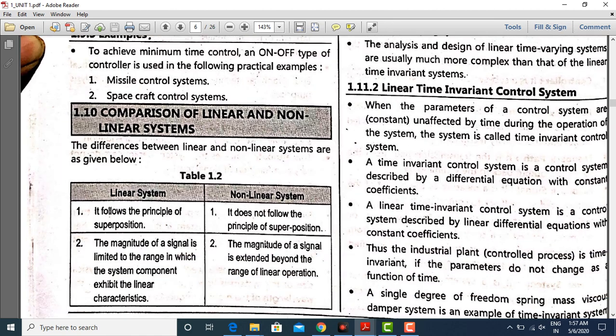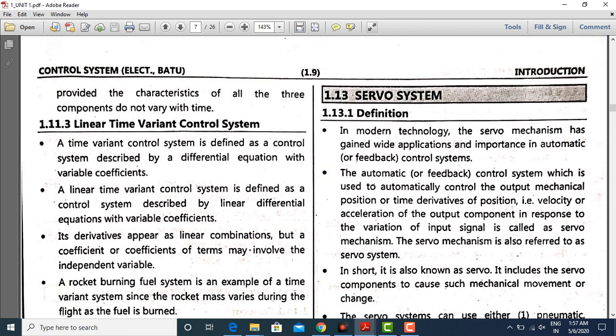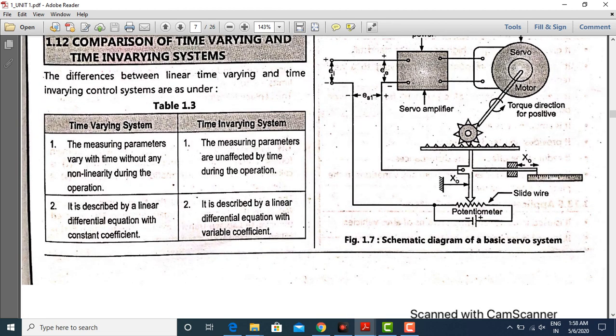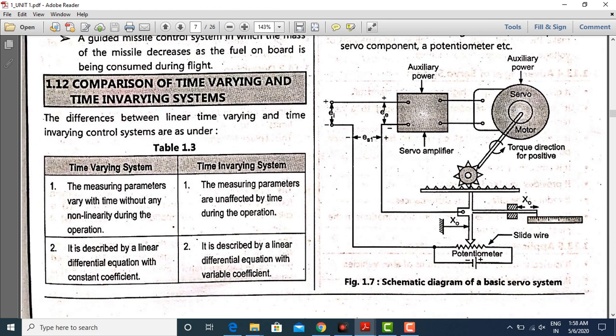Now moving towards next, we'll see the difference between time varying and time invariant system. First point, in a time varying system the measuring parameters vary with time without any non-linearity during the operation. Means these parameters will vary with respect to time.